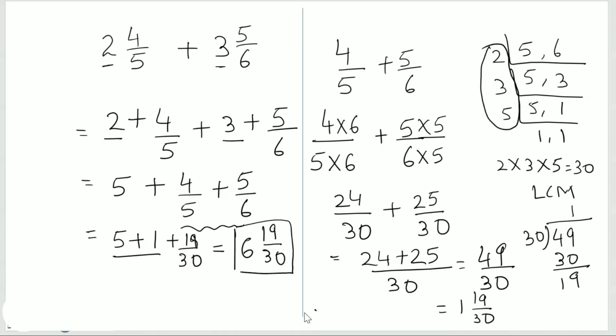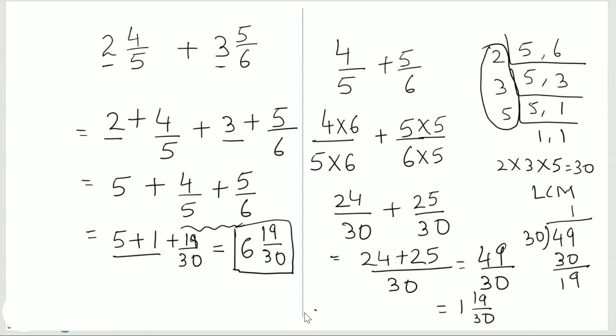So this is the answer for this question. Okay, so this is one way of doing it, adding the wholes and then adding the fractions separately and then adding them together.